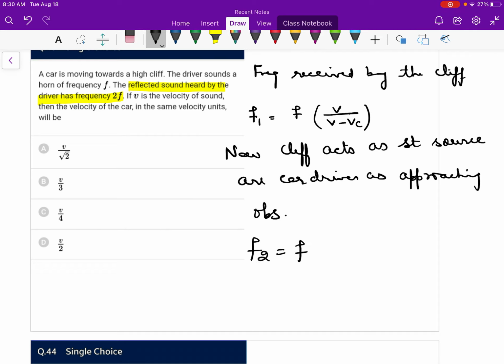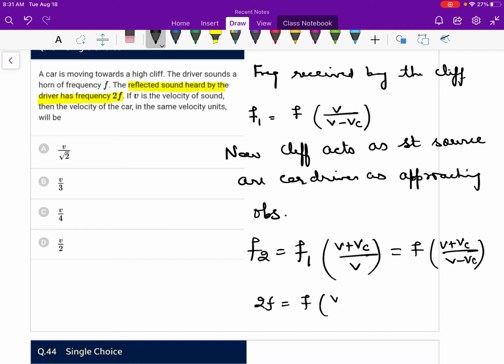So f2 is f1 times v plus vc upon v, which is f v plus vc upon v minus vc. Now f2 is 2f, so 2f is f v plus vc upon v minus vc, that is 2v minus 2vc is equal to v plus vc. So vc is v by 3. So B is the correct option.